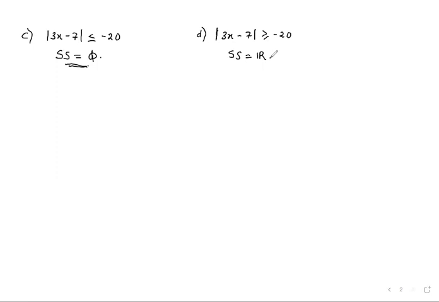The greater or equal to is telling us to look for x values that, when you place them there, what you get will satisfy the inequality, will be greater than negative 20. So you pick any value. Suppose x is 0. You have 0 minus 7, giving us the modulus of negative 7. This is 7. For sure, 7 is greater than negative 20.